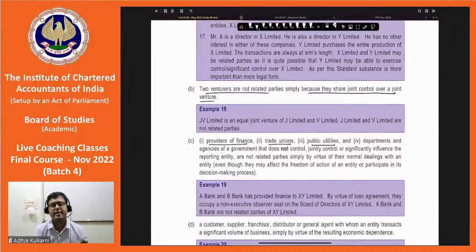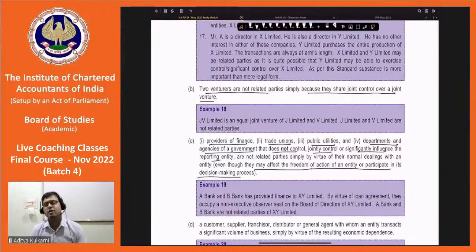Public utilities like water, electricity, etc. will not be a related party. And departments and agencies of a government that do not control, jointly control, or significantly influence the reporting entity are not related parties simply by virtue of their normal dealings. Okay. Even if it may affect the freedom of action of an entity or participate in its decision-making process.